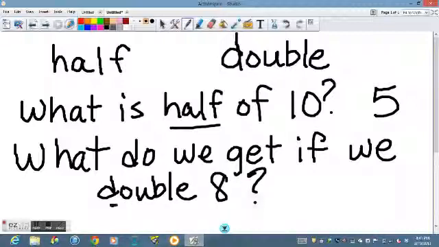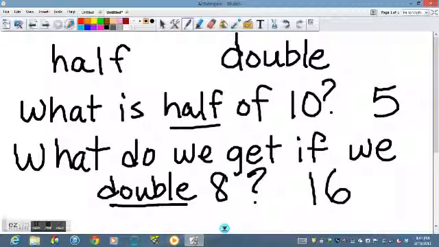Alright, so if you double something, you make it have twice as many. So if you start out with 8 and you double it, you're going to have twice as many, which is 8 plus 8 more, so that'll be 16.